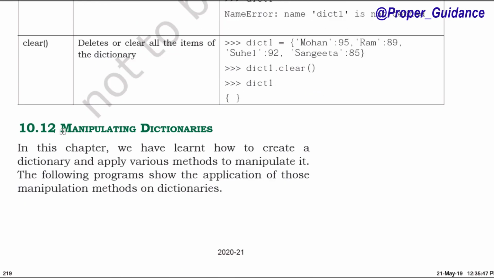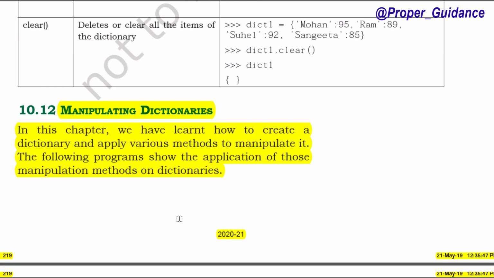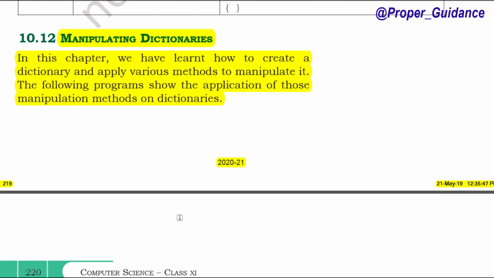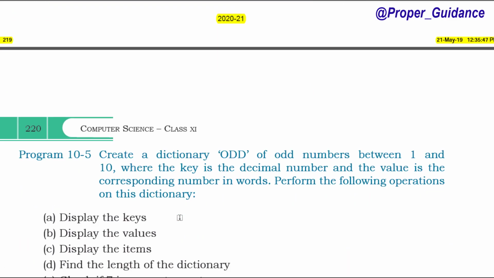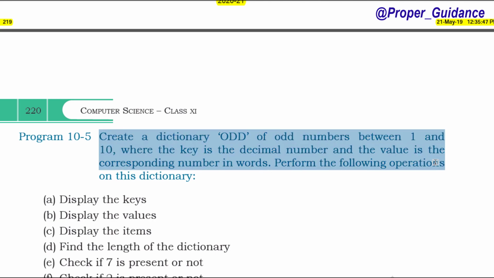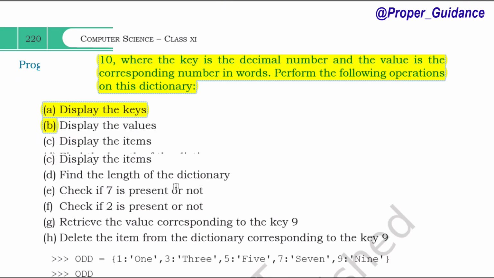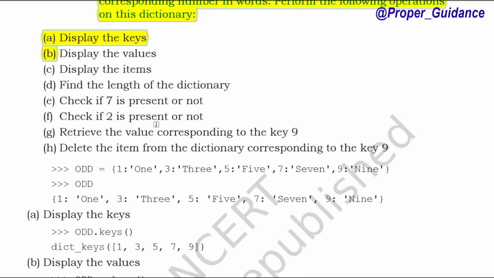Then manipulation, that is manipulating dictionaries. In this chapter we have learned how to create a dictionary and apply various methods to manipulate it. The following programs show the application of those manipulation methods on dictionaries. Create a dictionary of odd numbers. On this dictionary you have to display the keys, display the values, display the items, find the length, and check if 7 is present or not.